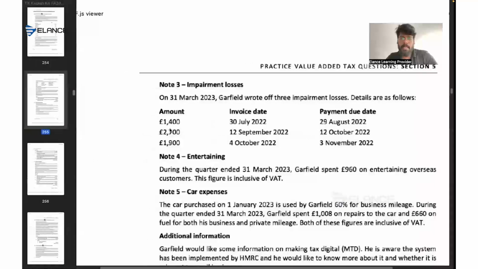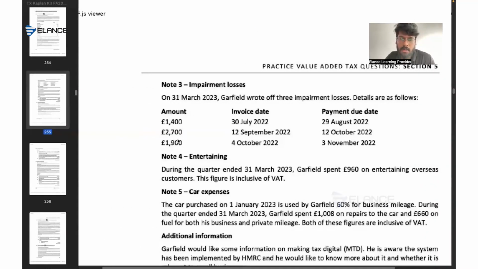Look at the next impairment. That was 2,700. It was due on 12th October 2022. So from the due date to the quarter end, 6 months are not completed. November, December, Jan, Feb, March, April. Only by April will it complete the 6 months.